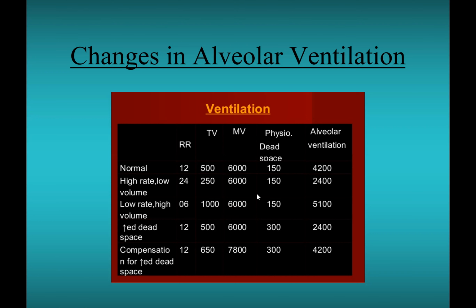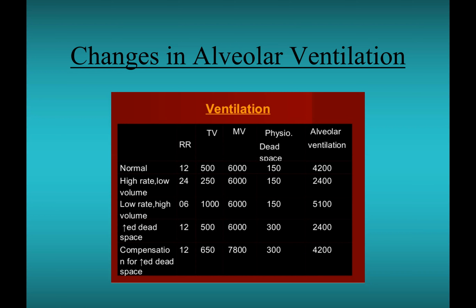As a result of that, their minute ventilation is still stabilized at 6,000 mLs or 6 liters. And their physiologic dead space in this case is still about 150. But we know normal alveolar ventilation is 4.2, but in this case, their alveolar ventilation is 5.1 liters or 5,100 mLs. Well, they're actually overventilating a little bit because their tidal volume is so big. It's kind of compensating and balancing everything out.